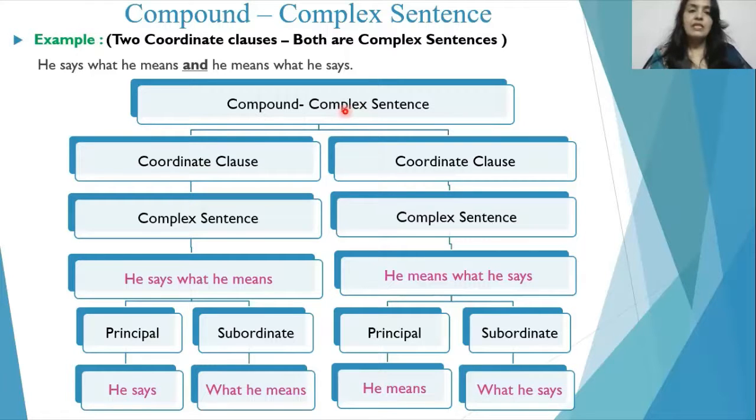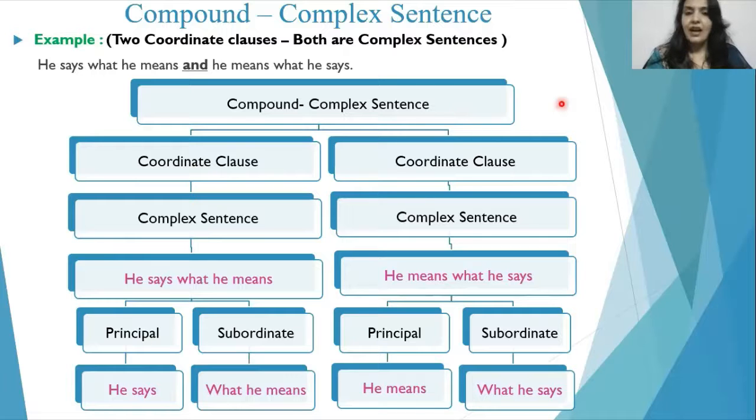So we'll keep this sentence in the category of compound complex sentence. Is it clear? If you go in depth and have a good knowledge of clauses, this is very easy to understand.